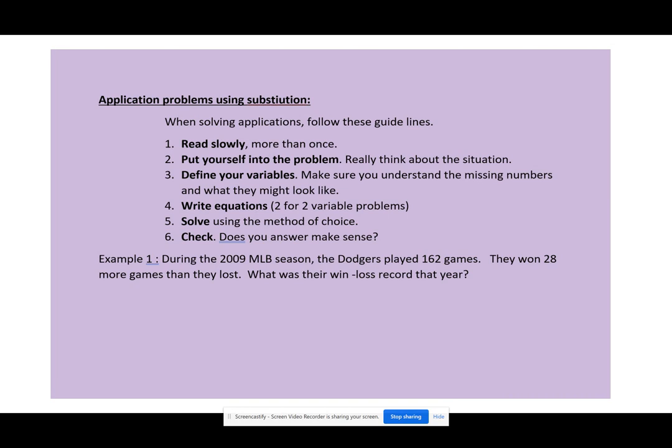The ones we're going to do right now, we're going to solve using substitution. And then you're going to check your answer. Your answer has to make sense. If the question is, how many apples do you have? And your answer is -6, something might be wrong, because you're not going to have -6 apples. That doesn't make sense. So let's read our first example.